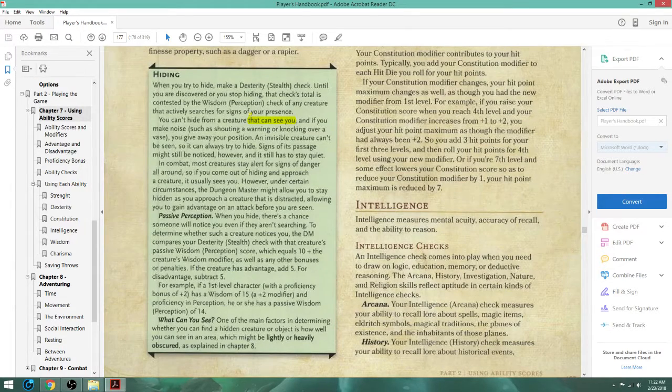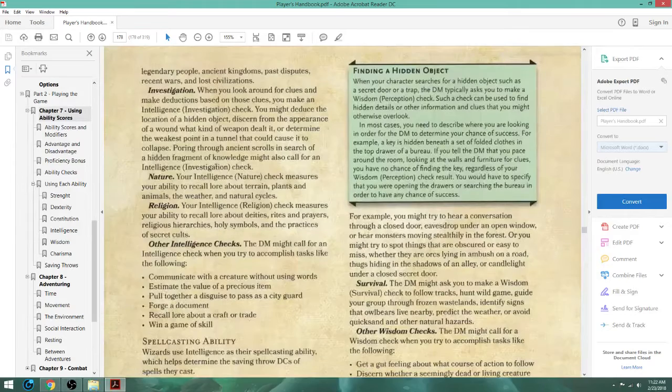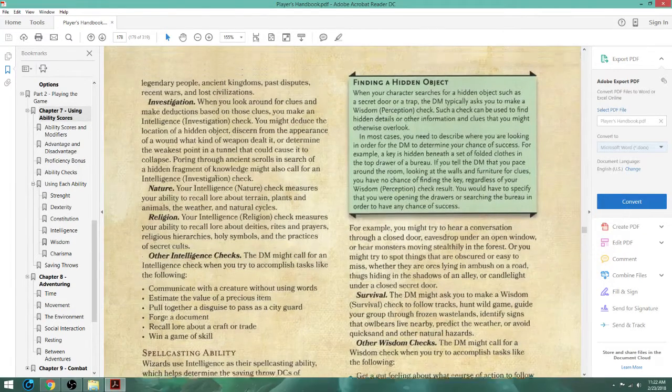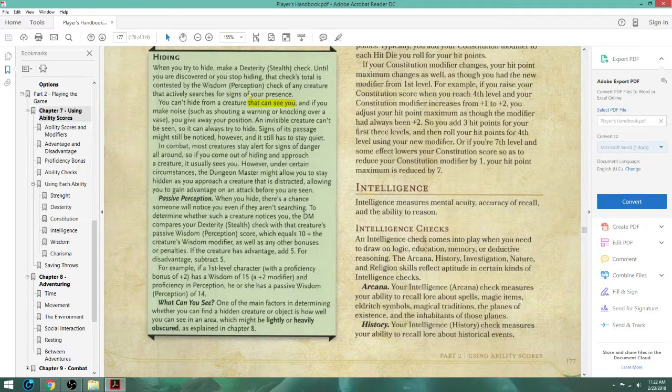Alright, intelligence checks. Intelligence checks are really, really good. Now, intelligence checks are mainly for a number of things, such as Arcana, History, Investigation, Nature, Religion, and communicating and doing other things, and winning games with skills such as chess and the like. Now, Nature, Religion, Arcana, and History. History is basically you learning about lore and historical events.